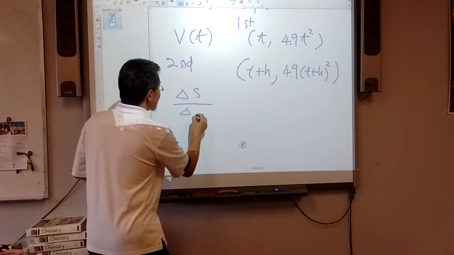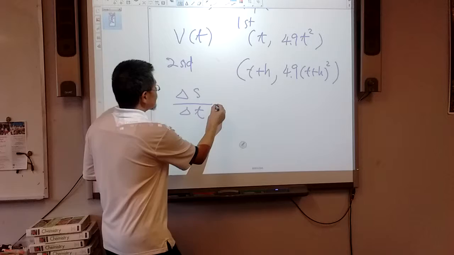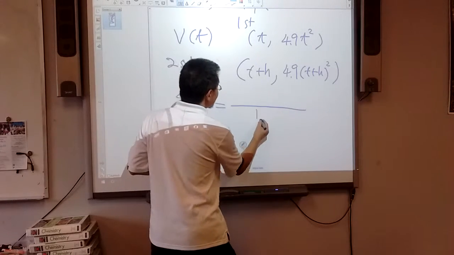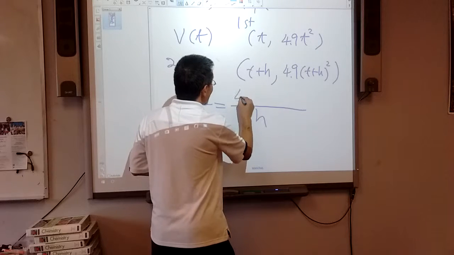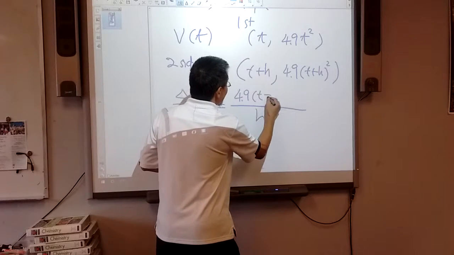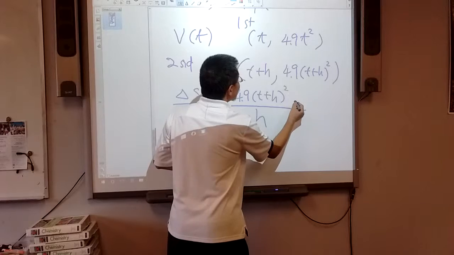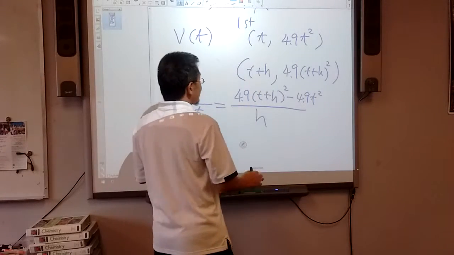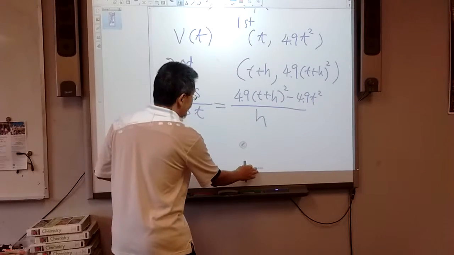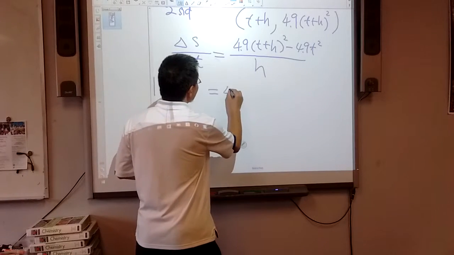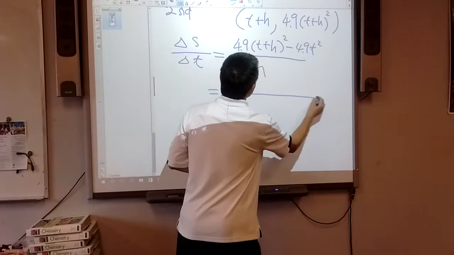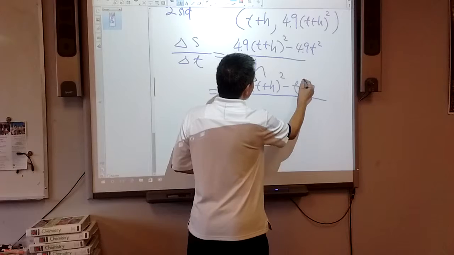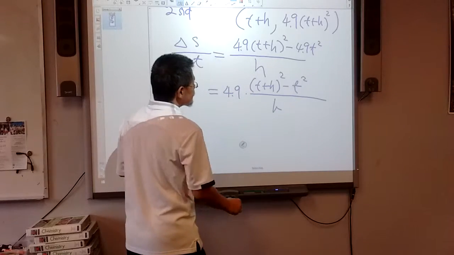So what's our average speed? H on the bottom, and on top, 4.9 times (t plus h) squared, minus 4.9 t squared. So can we move 4.9 out in front? So we have 4.9 and what's left here is (t plus h) squared minus t squared, over h, right?